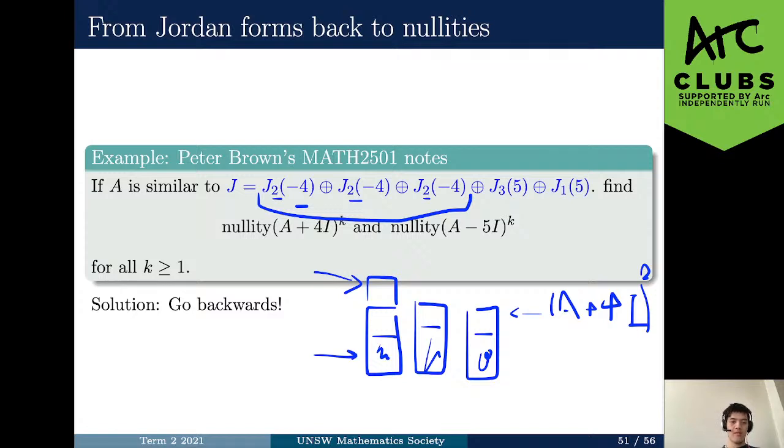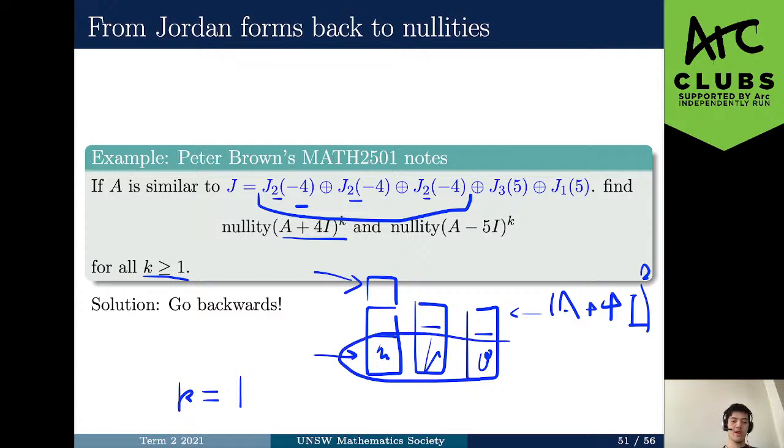And so in this case, we're trying to find the nullity for different values of k. Well, if k is equal to 1, we're looking for the nullity of A plus 4I, which is just the eigenspace of A with eigenvalue -4, which is the bottom row over here.